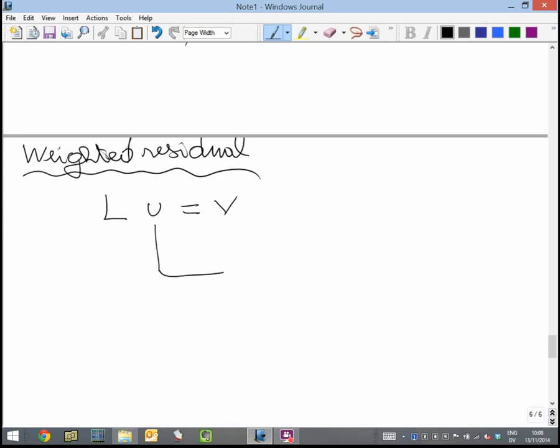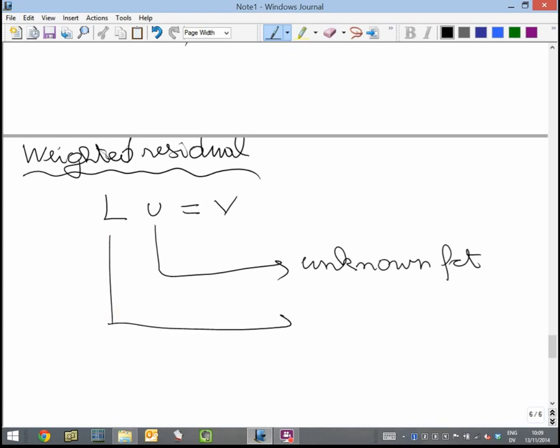our U, these are the unknown functions that we want to find, for example, the field in a waveguide. So U is the unknown of our problem. L, where does the L come from? The L stands for the linear, and it's a linear operator operating on our unknown function.